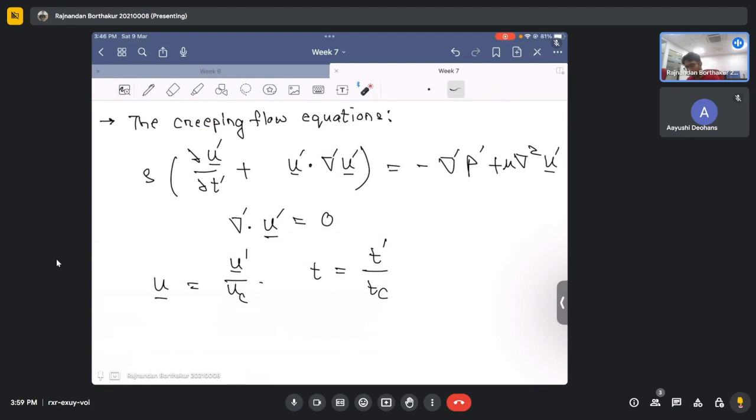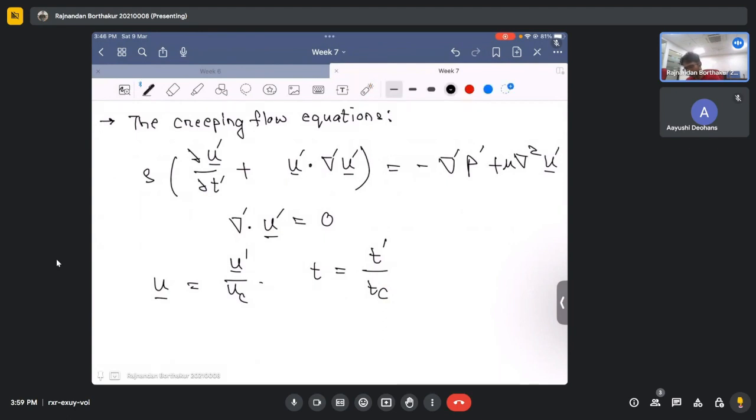This characteristic time may be the advection time scale, or the inherent time scale that we saw in the previous problem, or the ratio of the advection time scale to the inherent time scale.